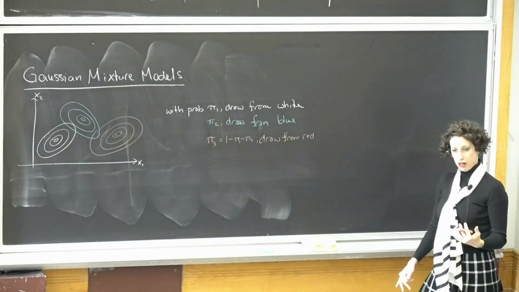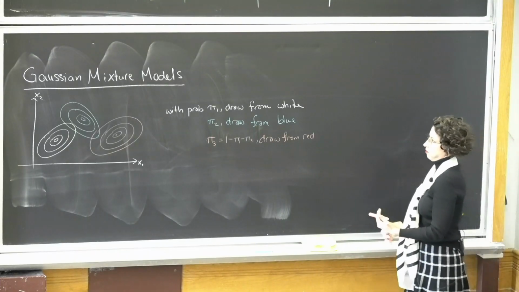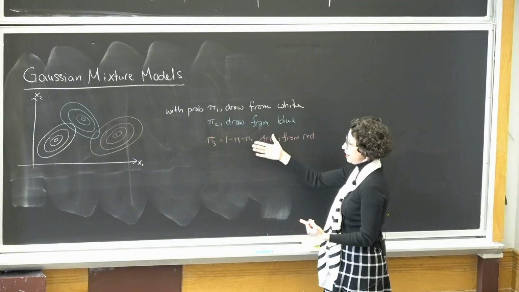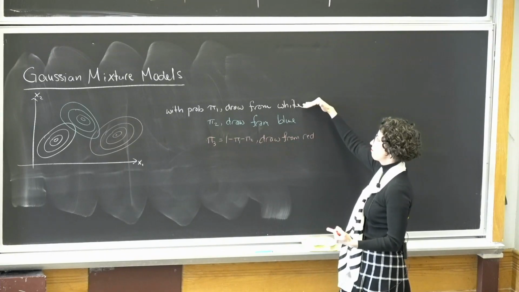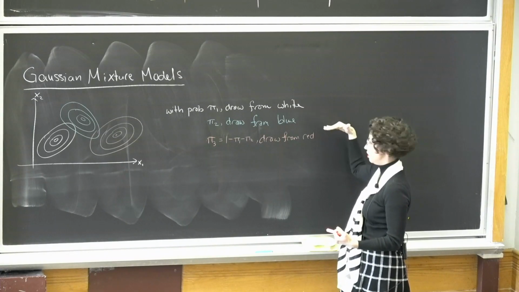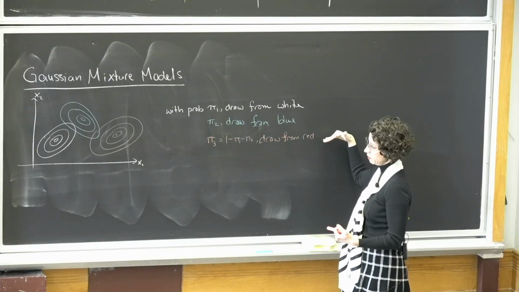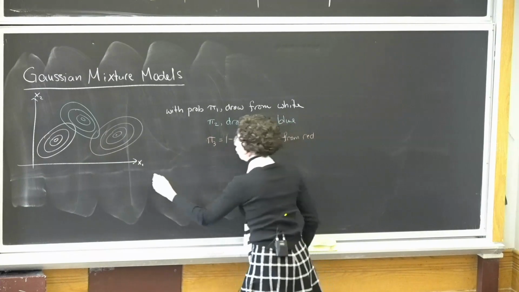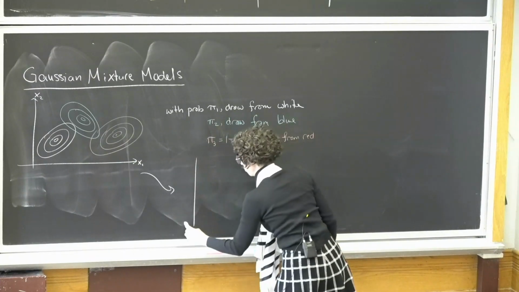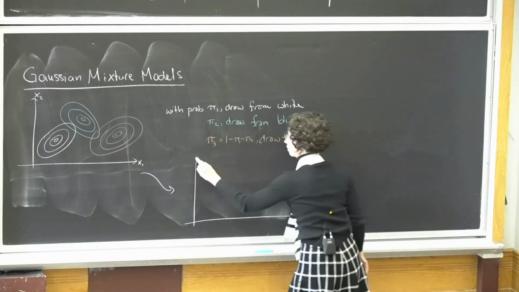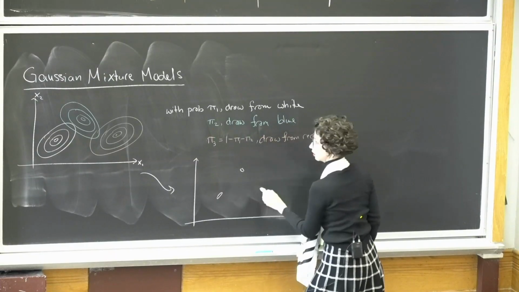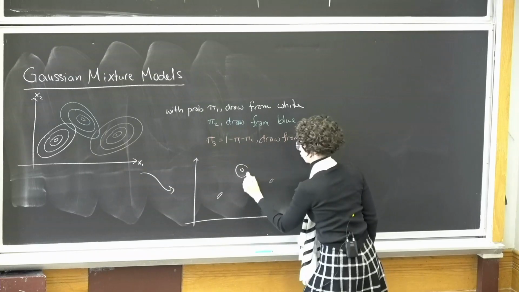Okay, so what we're saying here is sort of like we're going to flip a 3-sided coin, and depending on how that coin lands, we're going to draw either from the white Gaussian or the blue Gaussian or the red Gaussian. So together, this still makes up one full distribution with its own contours that would look something like this.